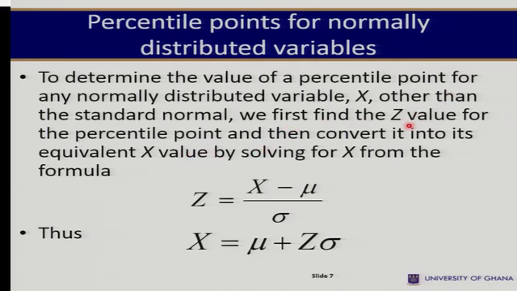Once you find the z value, then you can convert to the corresponding x by solving for x in this formula. So if z is equal to x minus mu over sigma, we can solve for x and it gives us x must be equal to mu plus z times sigma. It's as simple and straightforward as that.